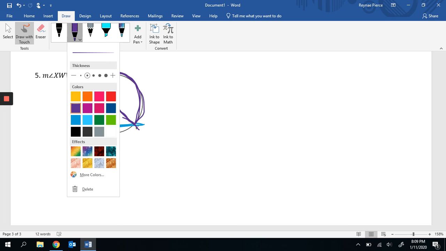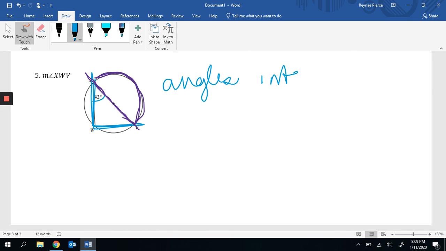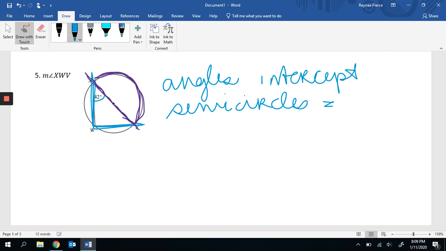Angles that intercept semicircles are always right angles.